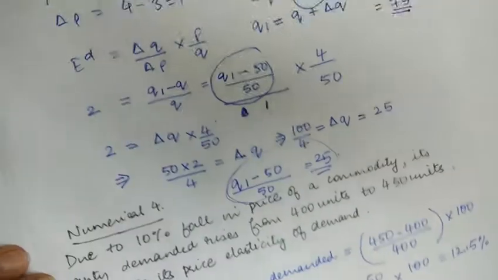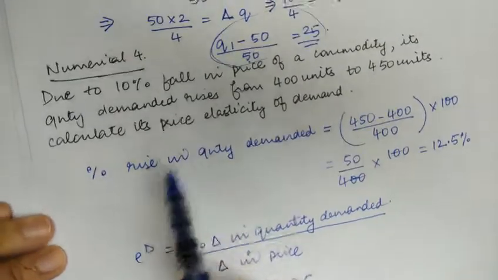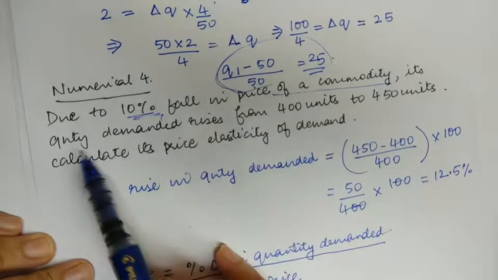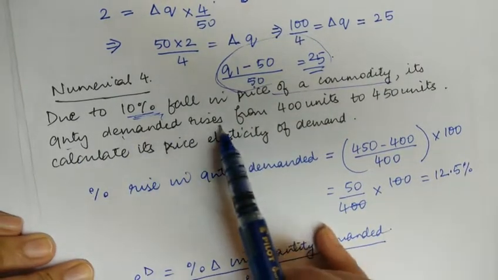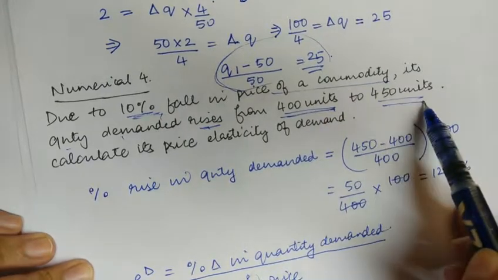Now let us move on to the fourth numerical example. It says that due to 10% fall in the price of the commodity, its quantity demanded rises from 400 units to 450 units.